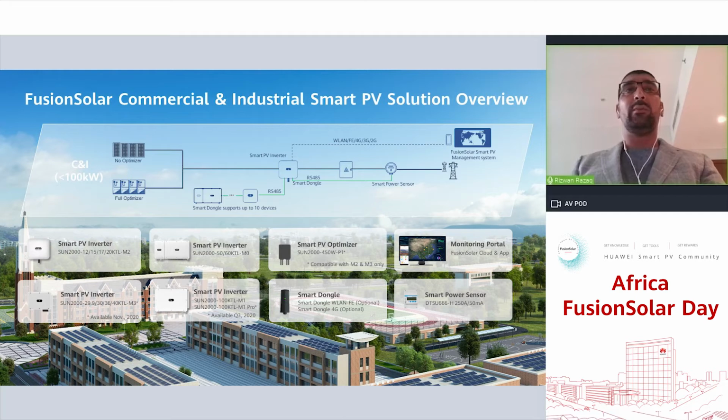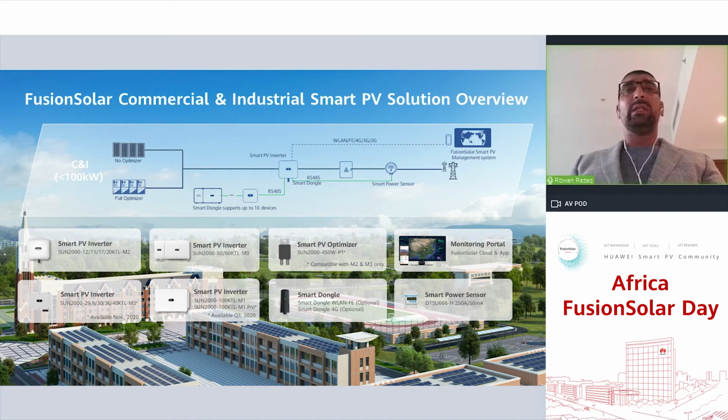From the inverter perspective, we have the 12 to 20 KTL inverters, which have 2 MPPTs and 4 inputs. And then we have our new latest product, which has just been released in H2 this year, which is the Sun 2030 to 40 KTL M3 range. This is built in with all of the features and has 4 MPPTs and 8 inputs.